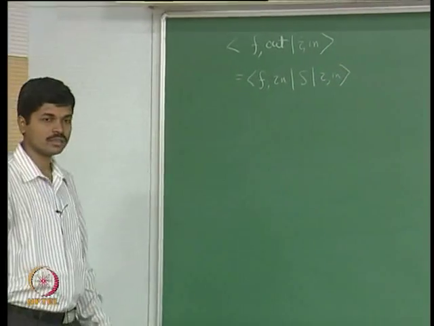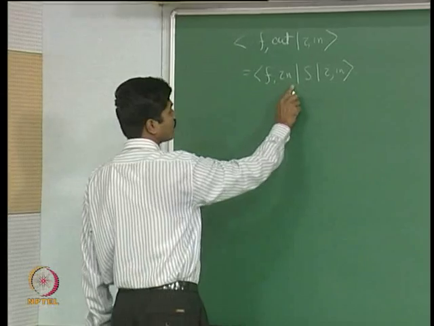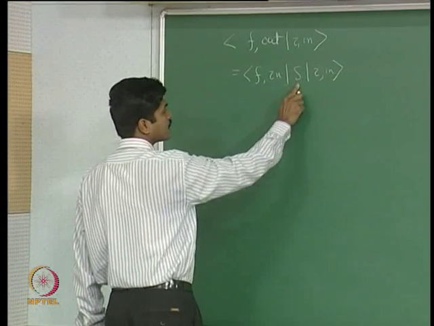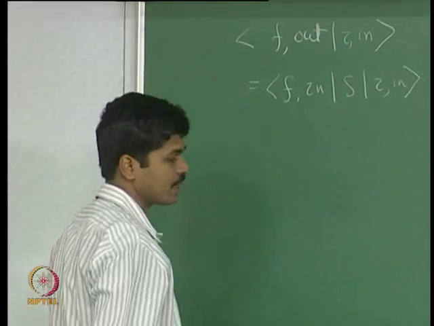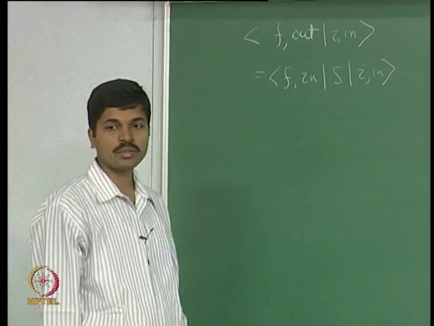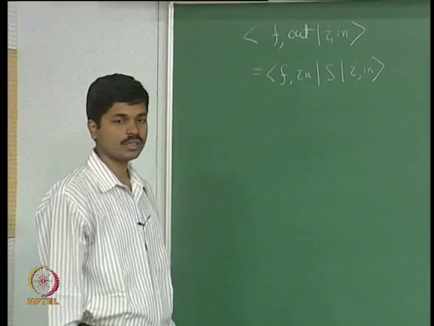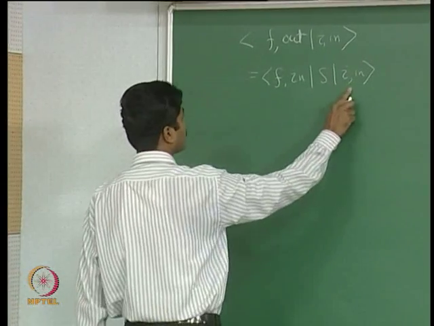What we would like to do is consider this transition amplitude and express it in terms of the n-point correlation functions. So, this is what we have been trying to do.